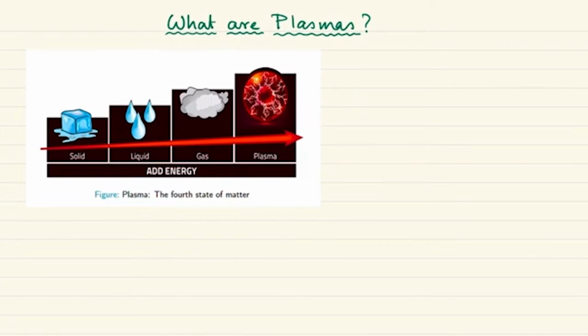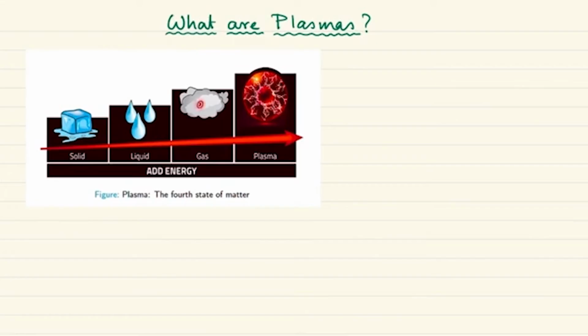As you can see in this picture, solid to liquid to gas to plasma is just a transformation which is classified by an increase in the energy. If you give some energy, for example, if you heat a solid, it will melt. If you further heat the liquid, it will vaporize. Now when you further continue heating this gas, what happens?